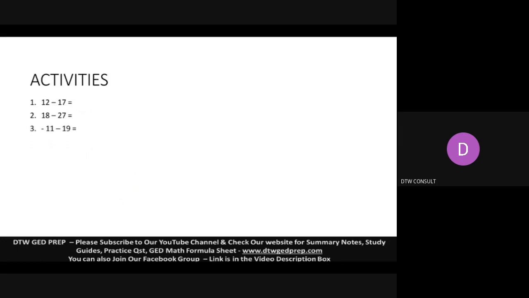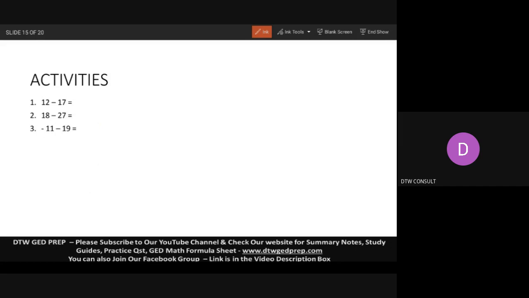So now for the third one, you have a negative number and you want to remove another number from this. Now what happens when both numbers have negative signs? So you have negative 11 and you want to remove 19 from a negative number. What happens? You are removing 19 from a negative number.